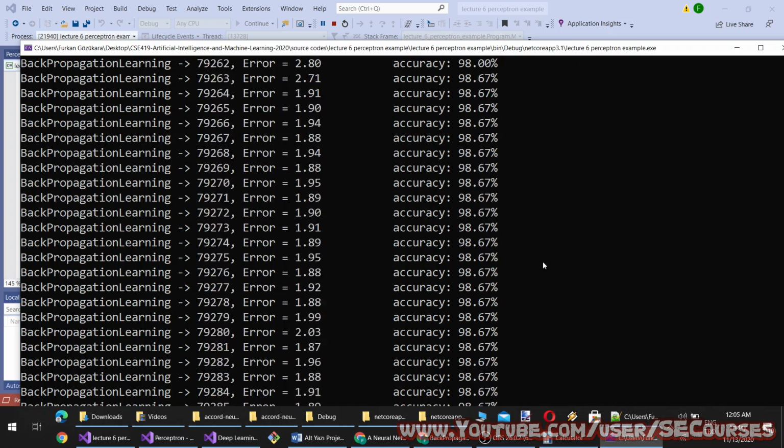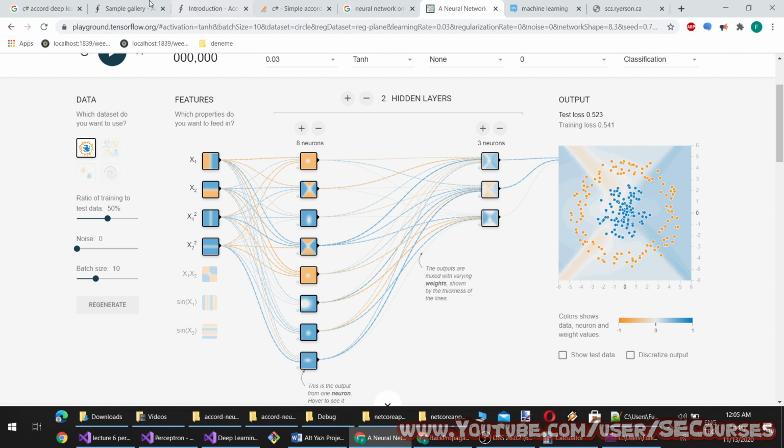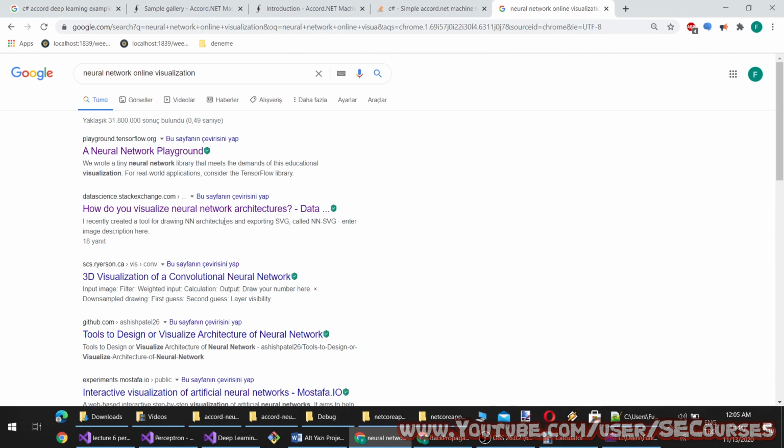It may never converge. It totally depends on your setup. So I may reach 100% accuracy as well when I use 100 neurons in the hidden layer. Let's make this run and let's see if there is any other visualization.